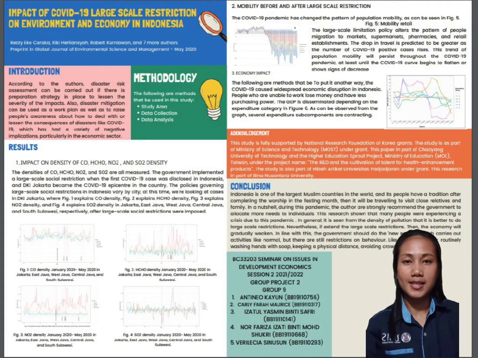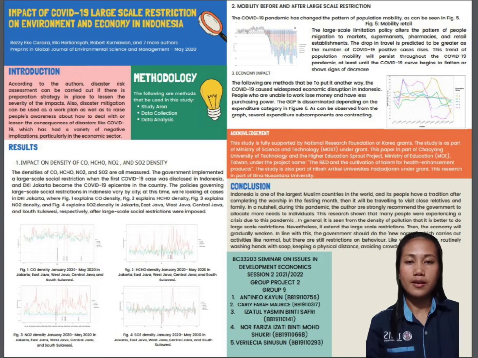Hi, my name is Lisa Sinusun. Next, we move to the next point, which is mobility before and after large-scale restriction. The COVID-19 pandemic has changed the pattern of population mobility, as can be seen in Figure 5, which is retail mobility. The large-scale limitation policy alters the patterns of people's migration to markets, supermarkets, pharmacies, and retail establishments.